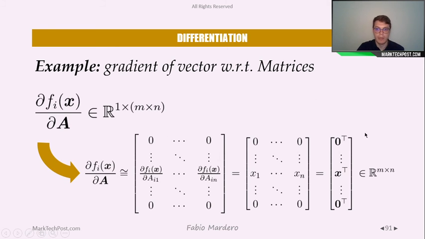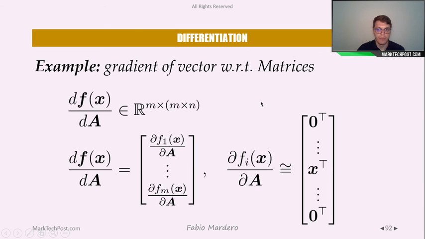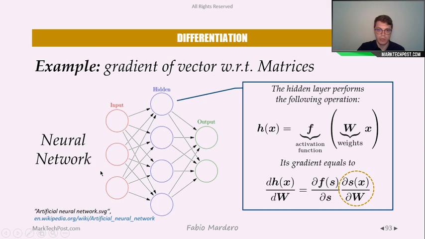This matrix can be written as a stacking of row vectors. Now we go back, and with this in mind, we can say that this is almost equal, since this is a tensor but is 1 times m times n, to this expression. And then we want to go back to find this greater expression.